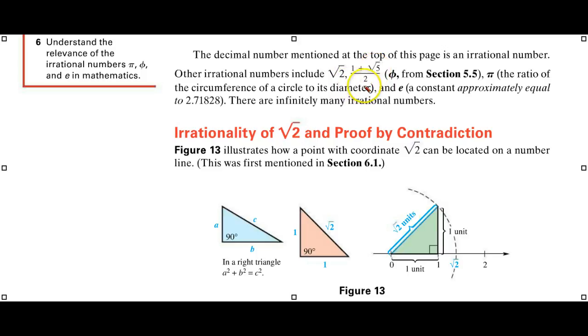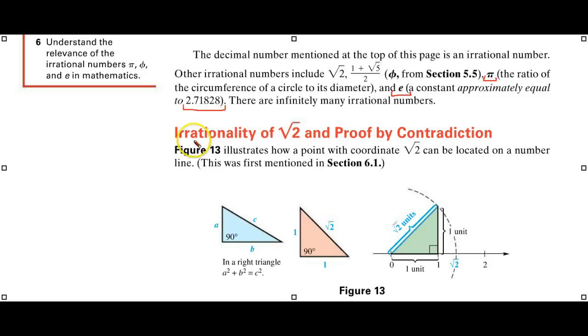Some other famous ones, of course, is pi, which we use in the circumference of the circle and area of a circle and volume of a circle. And another one that we had mentioned earlier, E, the letter E, it's approximately this value, and that was named after Euler, where we did some of his diagrams in a previous lesson.